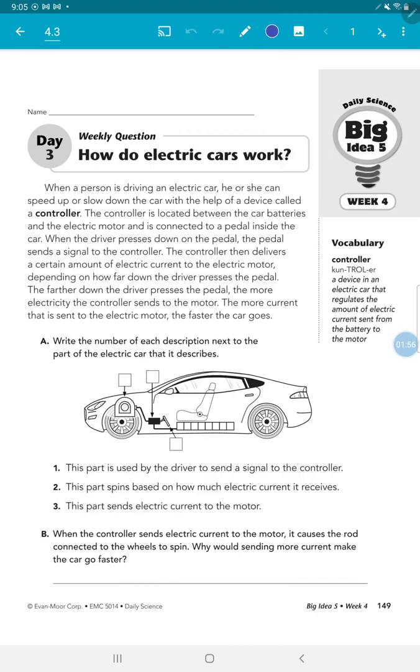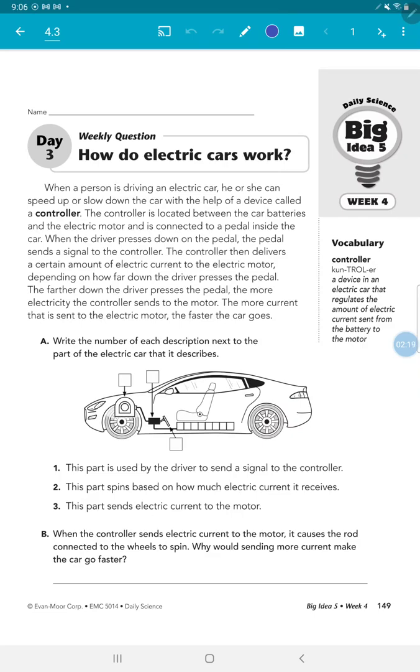So in the electric car, what does the controller help the driver do? Olivia? Speed up or slow down. Yeah, speed up or slow down. It tells you that's what controls how fast you're going. The controller is located between the car batteries and the electric motor and is connected to a pedal inside the car.